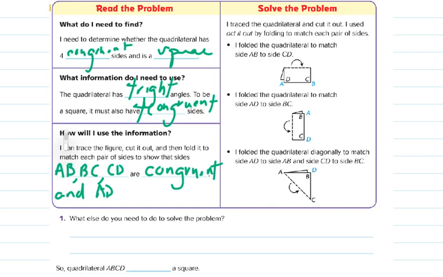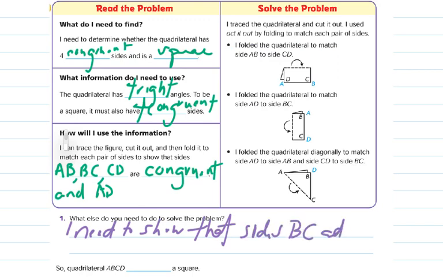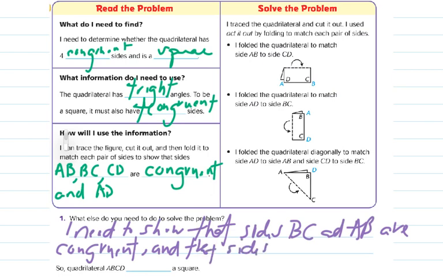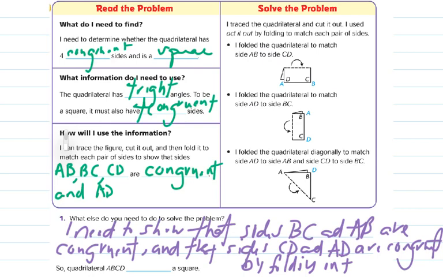What we would say then, boys and girls, is I need to show that sides BC and AB are congruent and that sides CD and AD are congruent by folding on the diagonal.